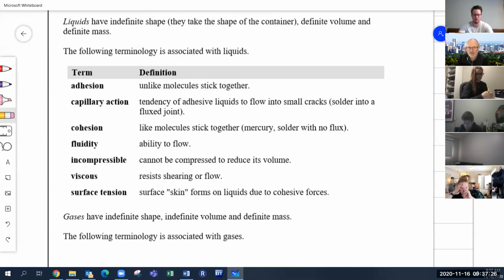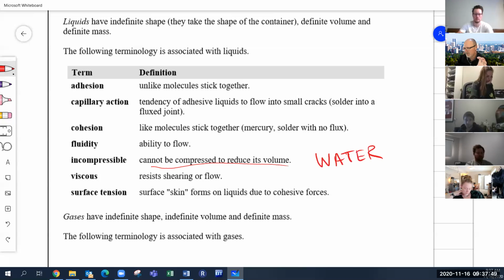Fluidity is the ability to flow. Incompressible, wow, that's a big word. It cannot be compressed. You know what is not compressible? Water. You can't compress water.